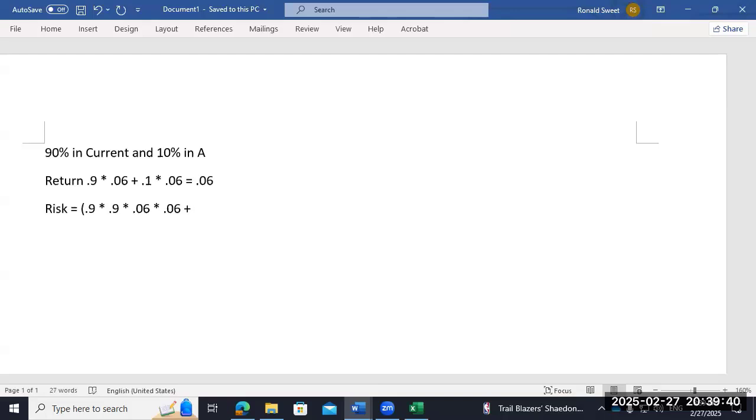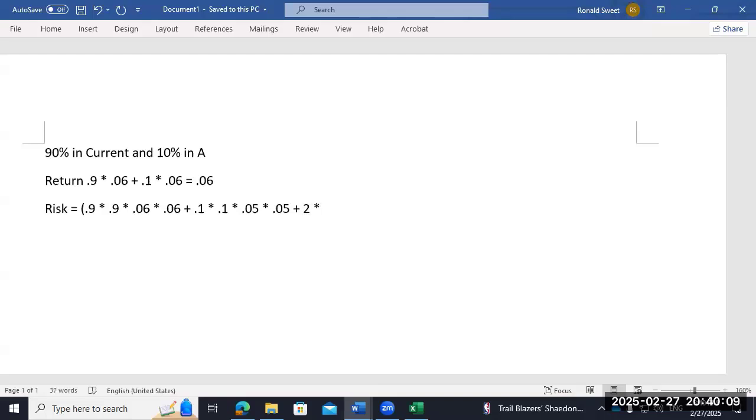What's the next one? Weight times risk plus weight. What's my weight? Times 0.5. Plus 2 times weight times risk times weight times risk times correlation. Wait, why is it 2?